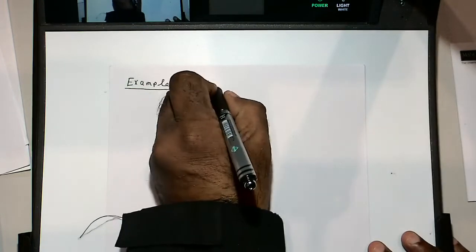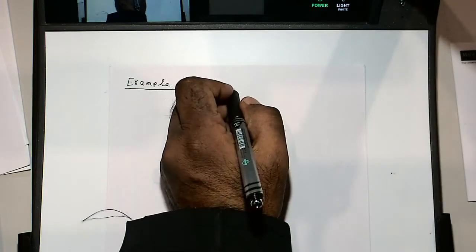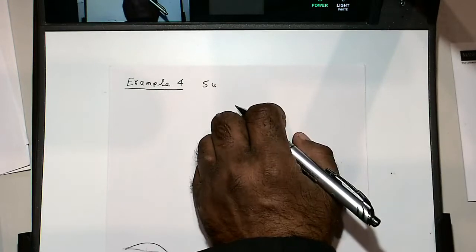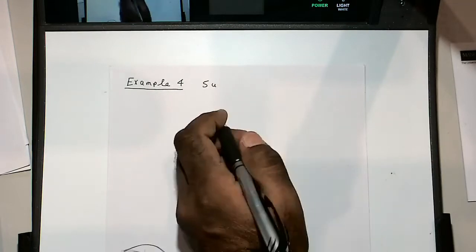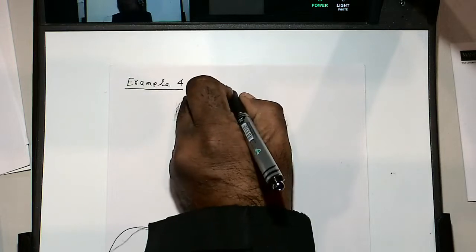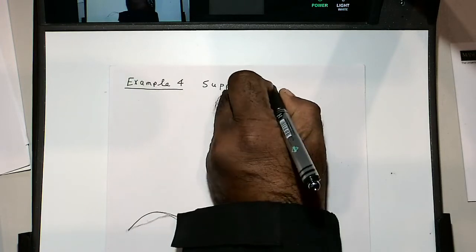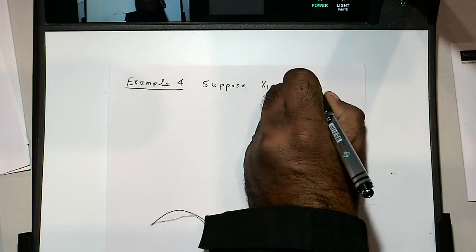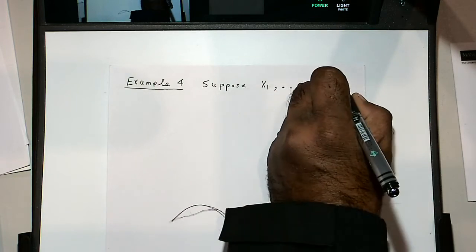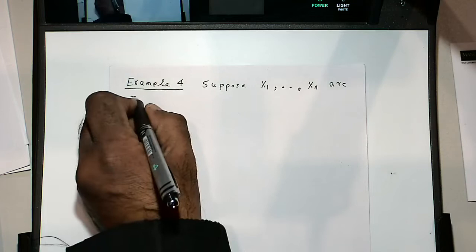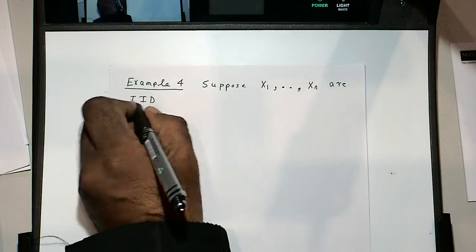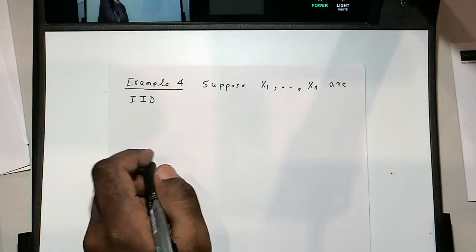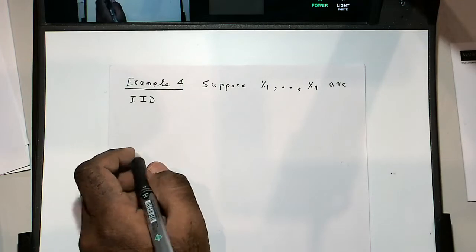In all the examples that we looked at so far, the estimator is unbiased. So let's look at an example where that's not the case, right? So suppose, by the way, IID, I said this many times, IID means independent and identically distributed, right?